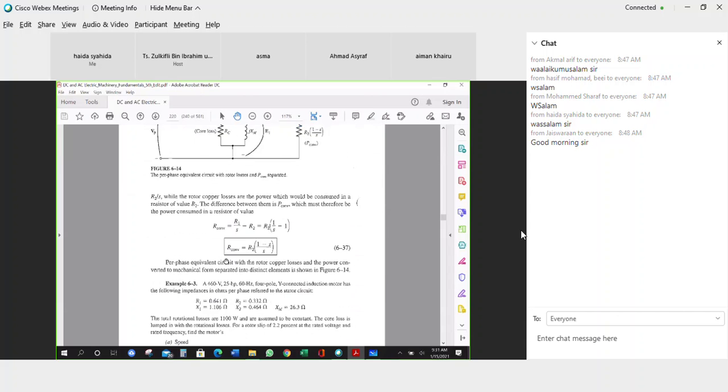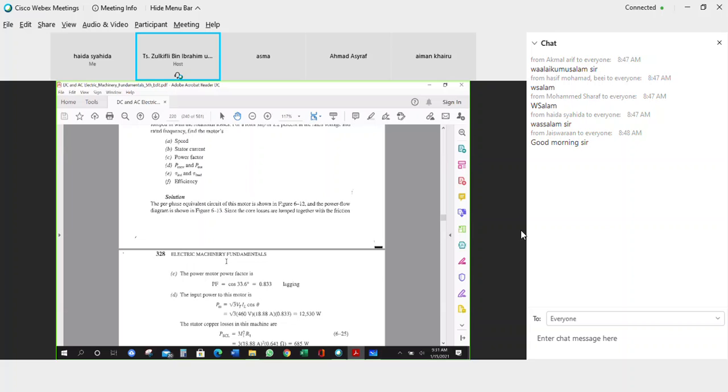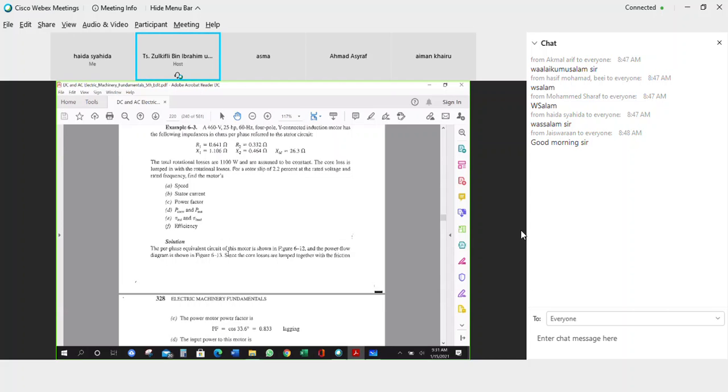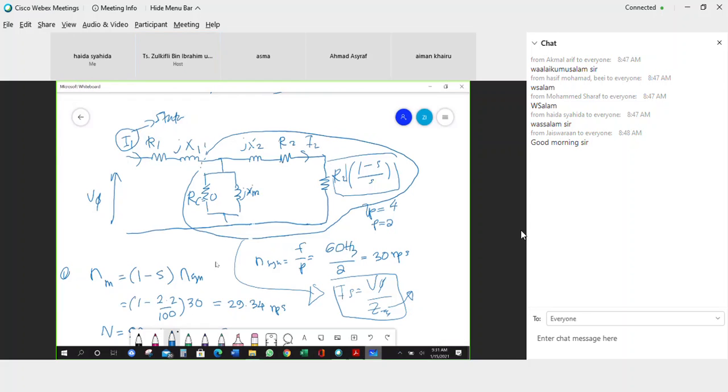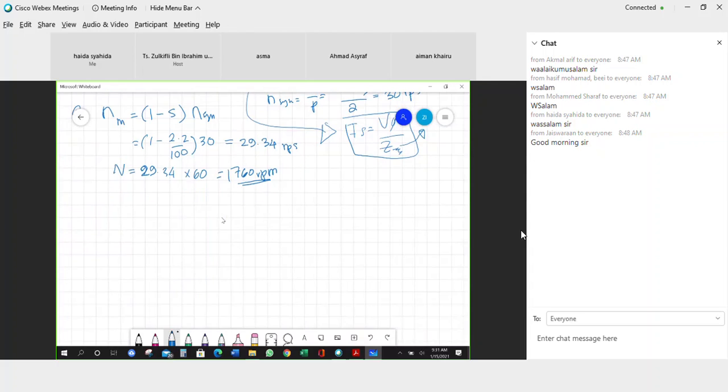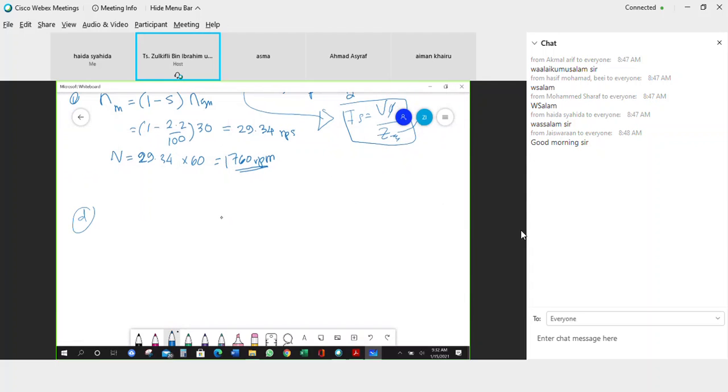The answer is here. For the power factor, when you find I stator phase divided by Z equivalent, you will get a certain angle, say Y degrees.